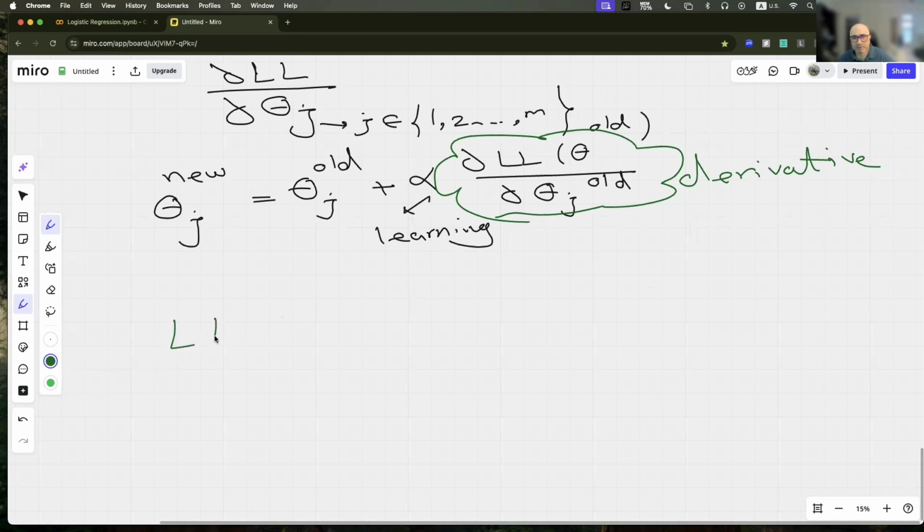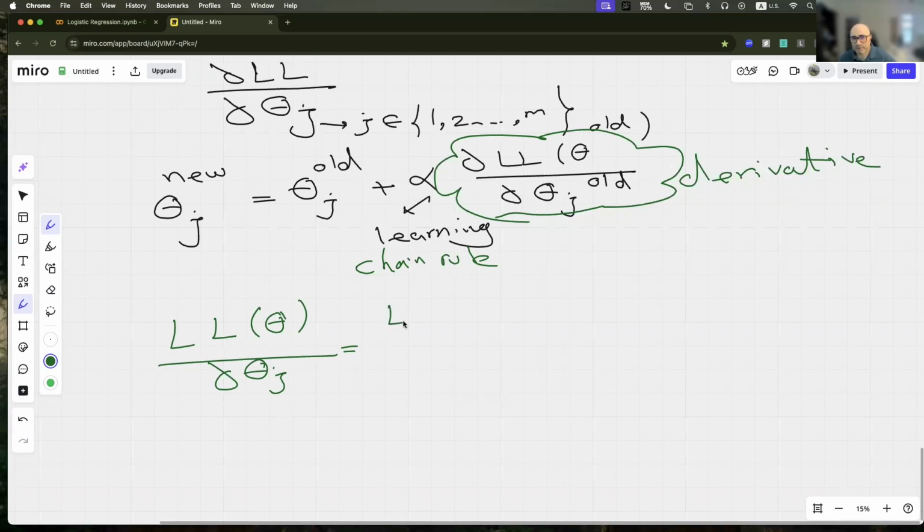If I wanted to take the derivative of the log likelihood of theta with respect to theta j, I can use the chain rule. Sorry, chain rule. It may make it a lot easier for us to calculate this derivative.